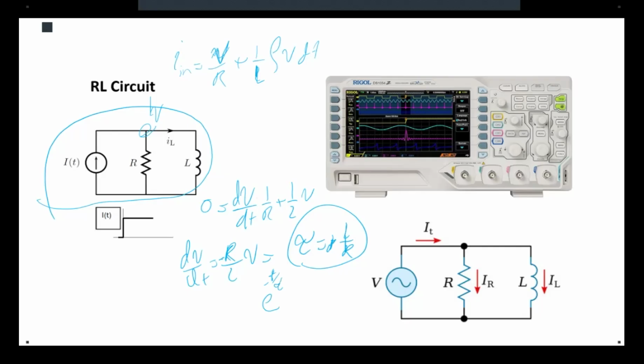The derivation is the same as the RC that we talked about.